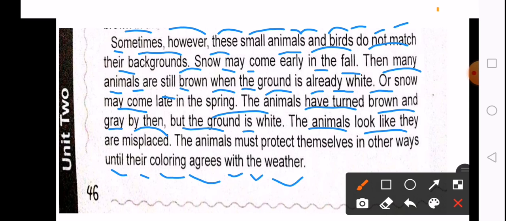And what is the type of the text? Fiction or non-fiction? What do you think? It's a story? No, it isn't a story. It gives us information. So what do you think? It's non-fiction.